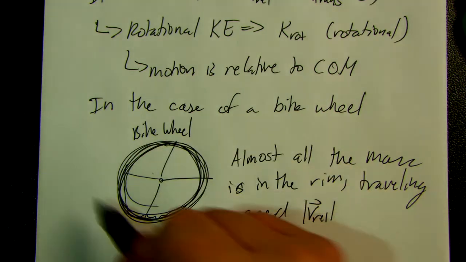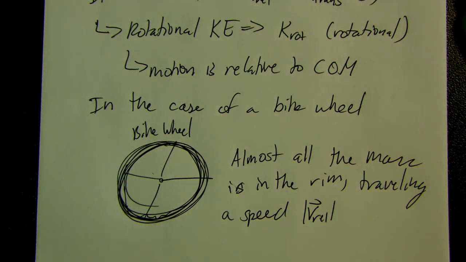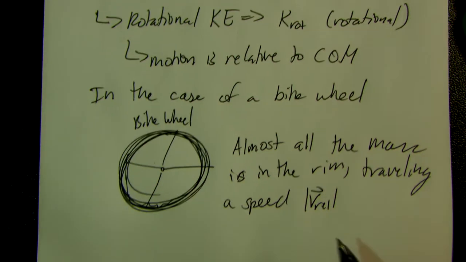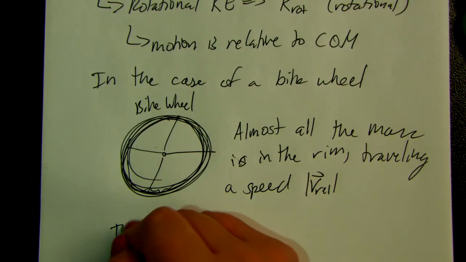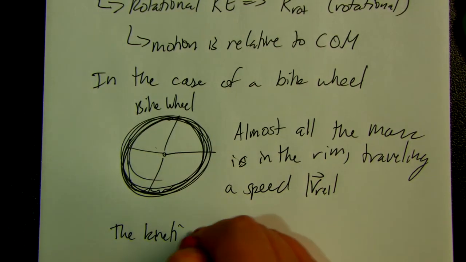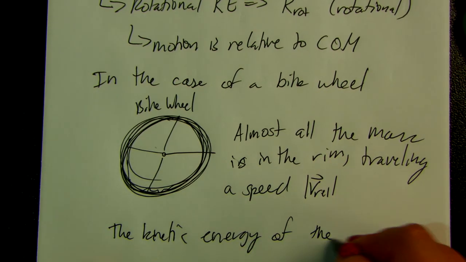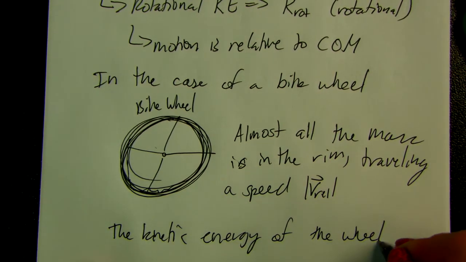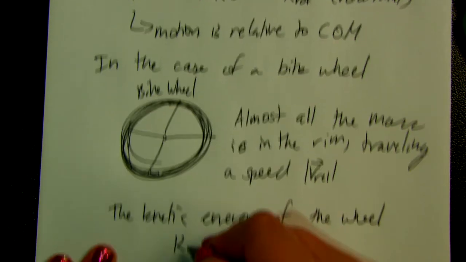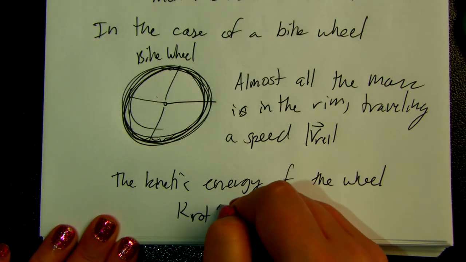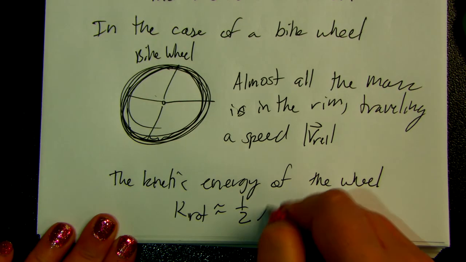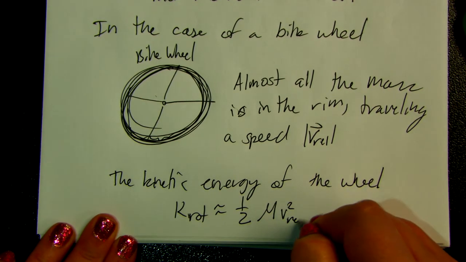So this relative velocity, the velocity that it's going around, right round, like a record, this is what we mean by that relative velocity. So the kinetic energy of the wheel, K rotational, is approximately 1/2 mv squared relative.